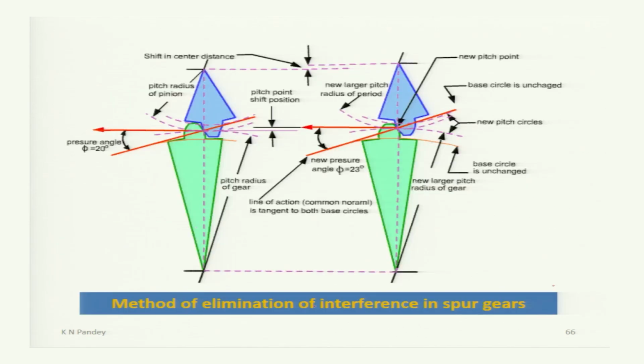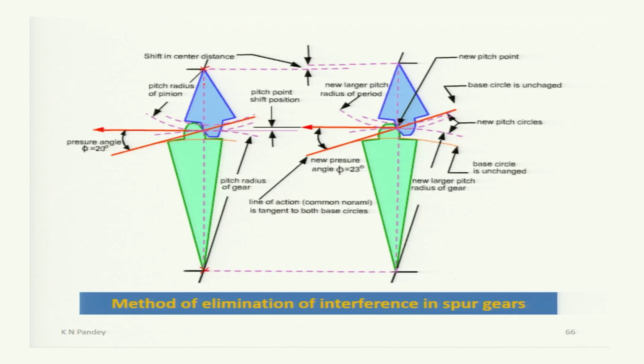Method of elimination of interference by increasing center distance. What we do is change the center distance; let the earlier center distance be this one, this and this, and we know that by slightly changing the center distance, the fundamental law of gearing is satisfied by the involute profile.